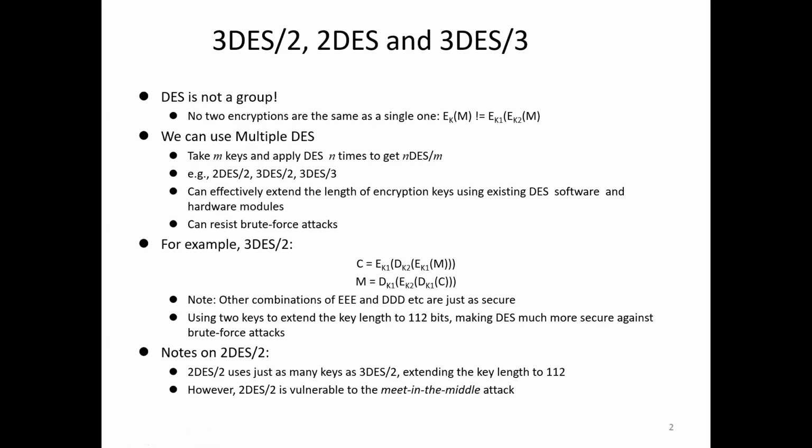All right, so using 2 keys to extend the key length to 112 bits would make DES much more secure against brute force attacks. But as we said, 3DES/2 was a common way to go using this combination of encryption and decryption.